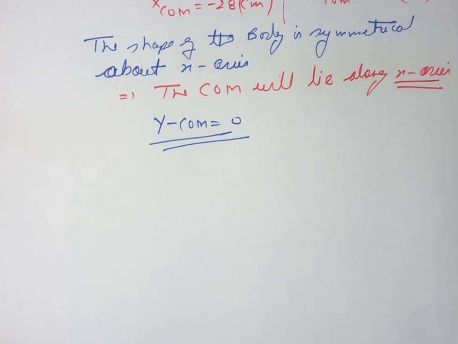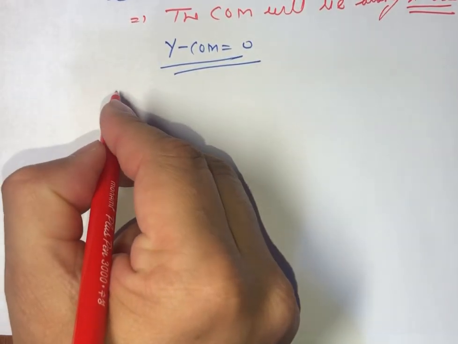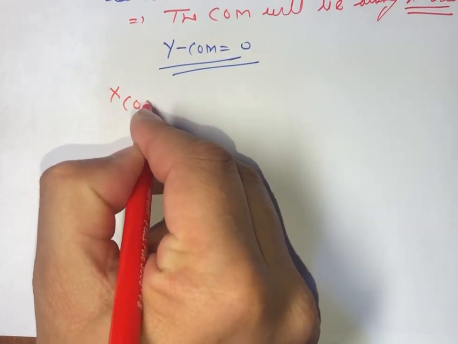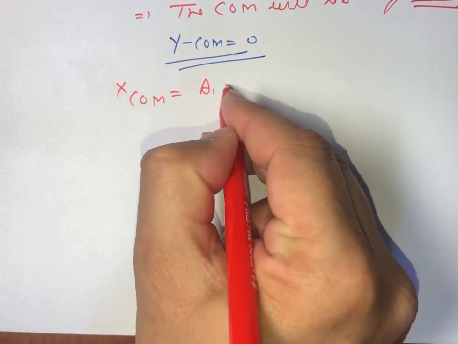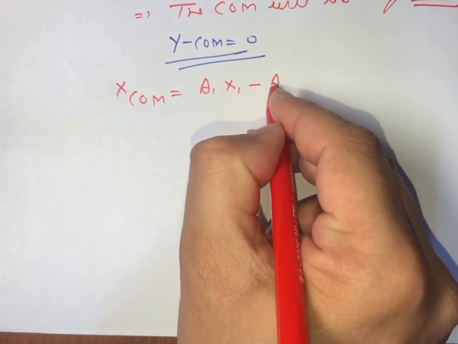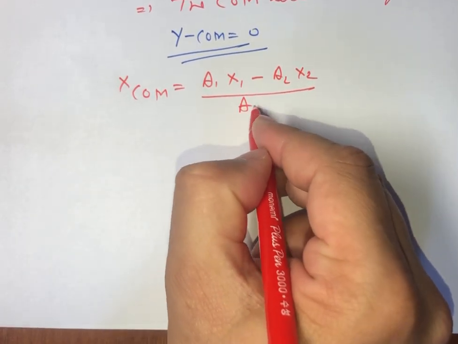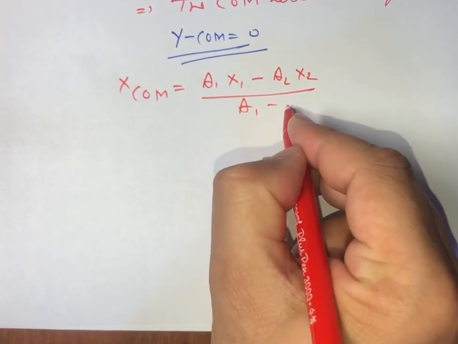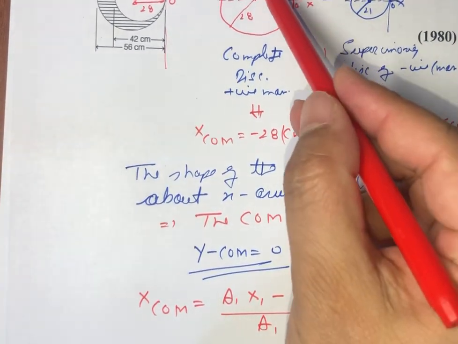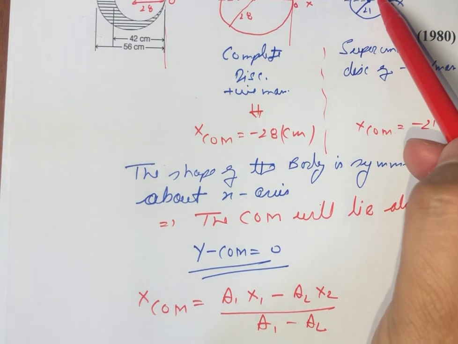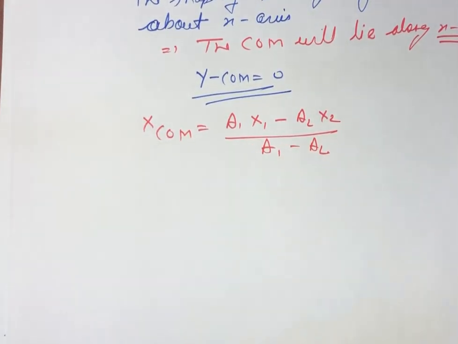So we can write the formula for center of mass along x-axis. Our x center of mass will be equal to a1 multiplied by x1 minus a2 multiplied by x2 divided by a1 minus a2, where a1 is the area of the bigger disk, a2 is the area of the smaller disk, and with the respective x1 and x2.